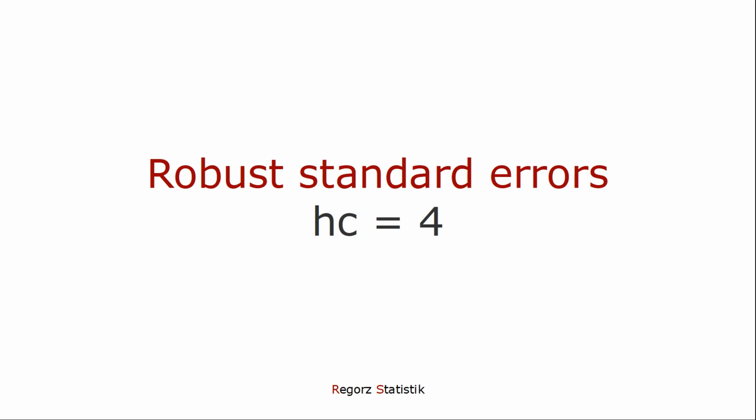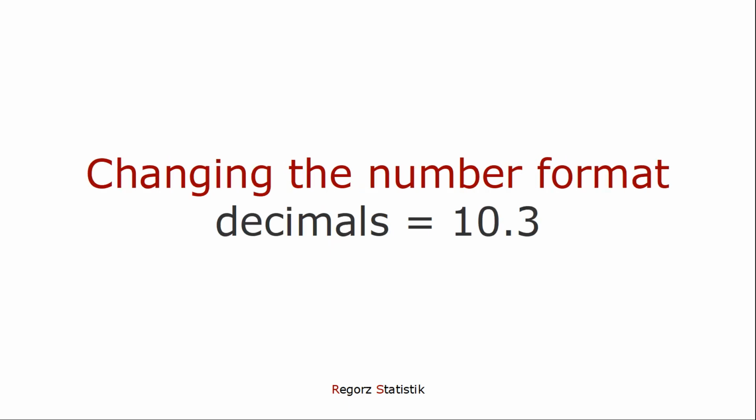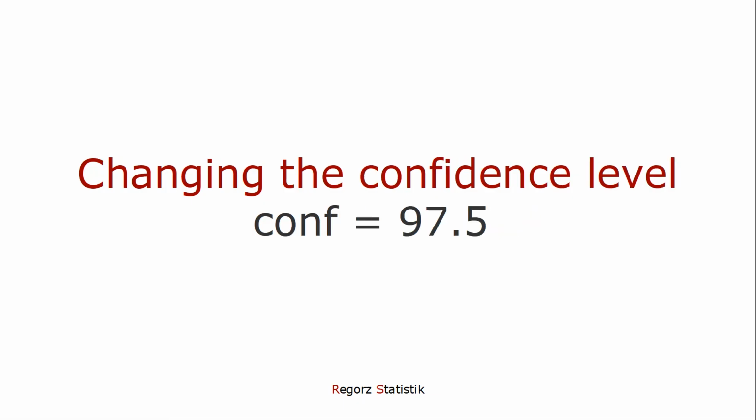However, nowadays I prefer bootstrapping as another robust method. For the moderation, you could request Johnson-Neyman significance regions by setting JN to 1. You could change the number format, for instance, to 3 decimal places, and you could change the confidence level.